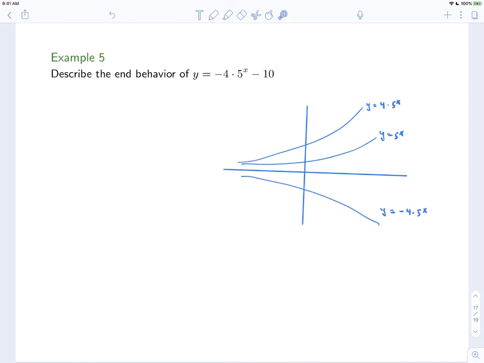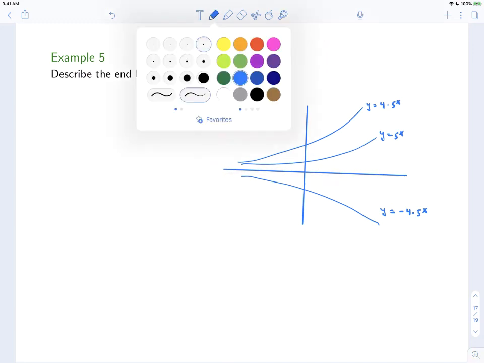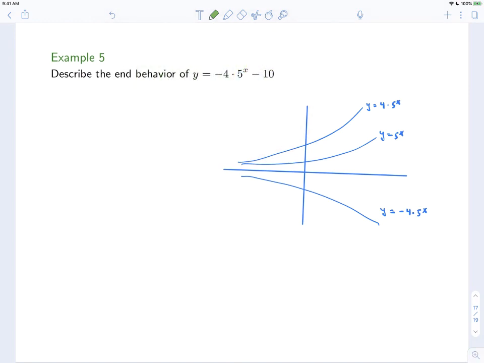But now what we want to do is translate everything down by 10. So basically you want to pick this curve up and move it down. Now it had this one, y equals minus 4 times 5 to the x. This has a horizontal asymptote at y equals 0. So you just want to move that down. Let's change the color. So we're going to move everything down by 10 units.